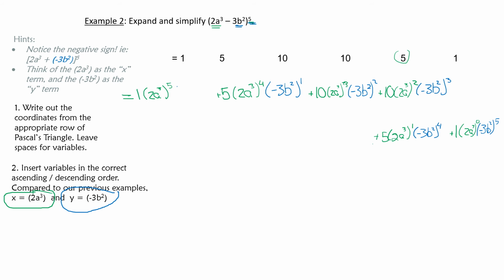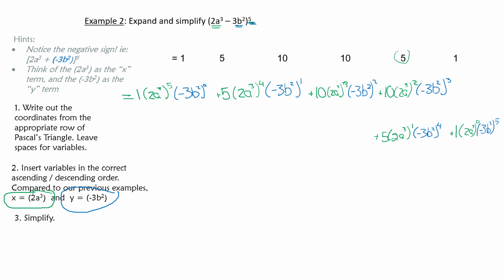And the last one, negative 3b squared to the power of 0. Okay, so that's done. Now we have to simplify. Step 3 is to simplify. There's a lot of simplifying to do here on this one. There's a lot we can do to clean this up.